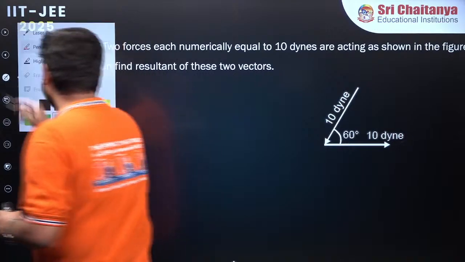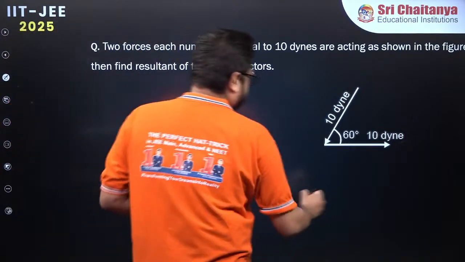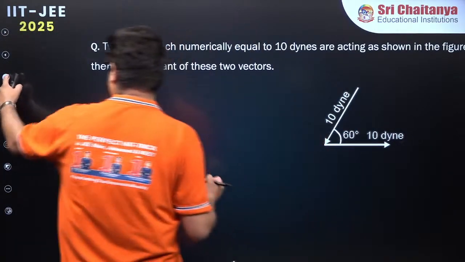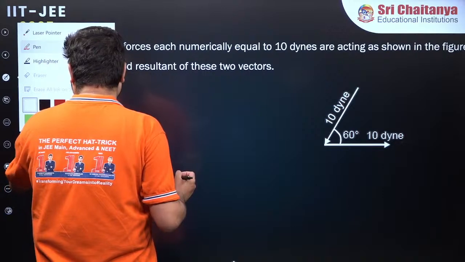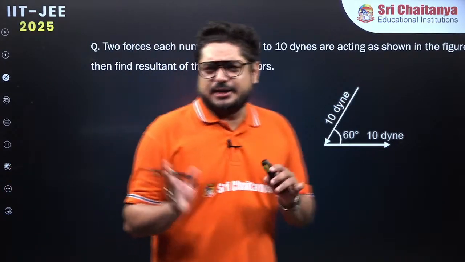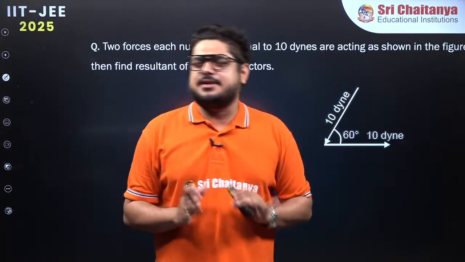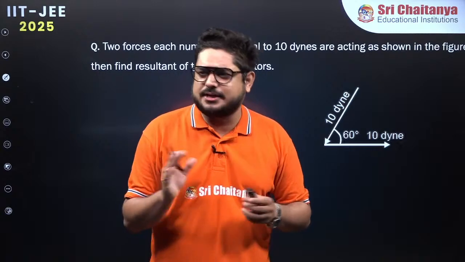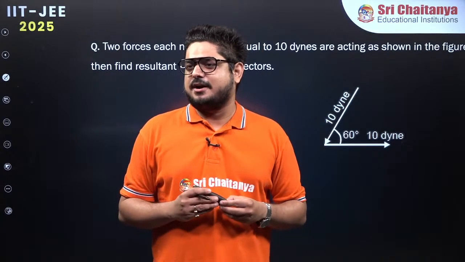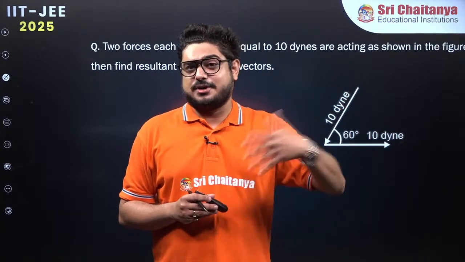How to do so? Now, the forces are 10 dynes actually, so you need to express the answer in dynes itself. There is no need to convert it into newtons. It's not newtons, Ashwarya. It's in dynes. Then you need to convert it.